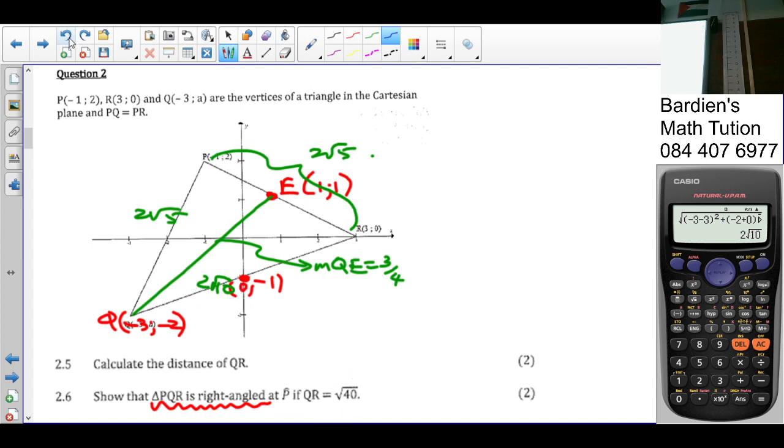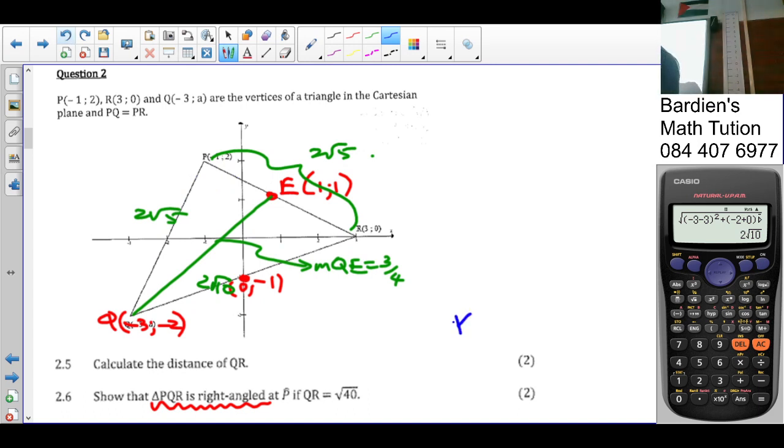There's one of two ways you could have done it. If this was a right angle triangle at P, then the theorem of Pythagoras could be applied here, with QR as the hypotenuse.